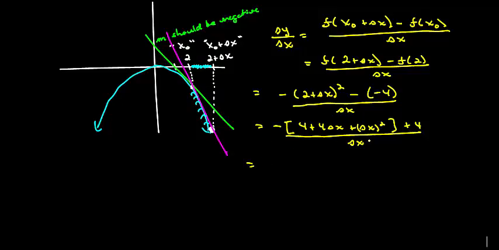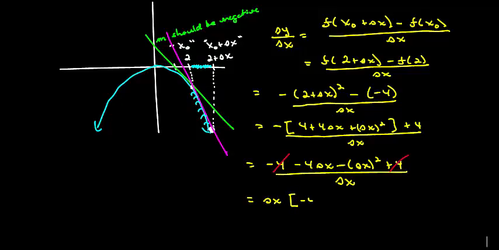When I distribute the negative in, it's going to be negative 4 minus 4 delta x minus delta x squared plus 4, over delta x. What cancels here? The negative 4 and the positive 4 cancel, and I can factor out a delta x. So I get negative 4 minus delta x.